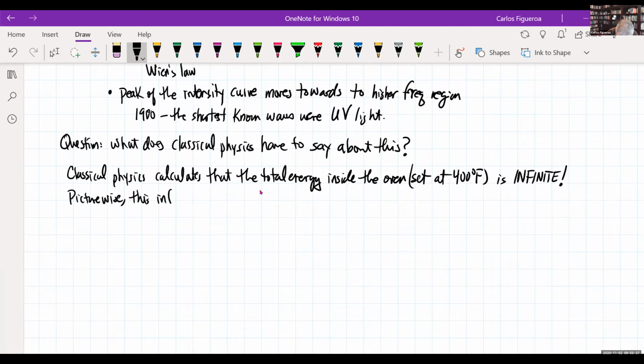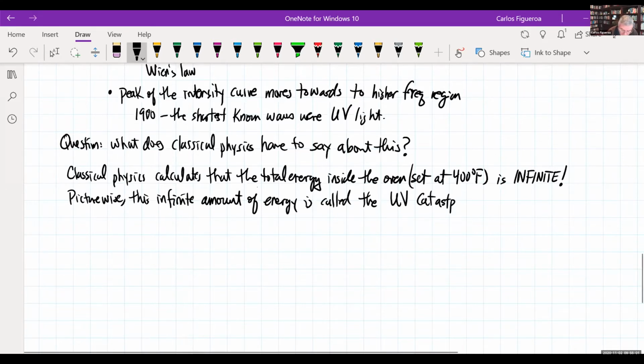This infinite amount of energy is called the ultraviolet catastrophe. When you're looking at this catastrophe, it would be one, right? Because it would clearly take out all living things on Earth. This is what they mean.